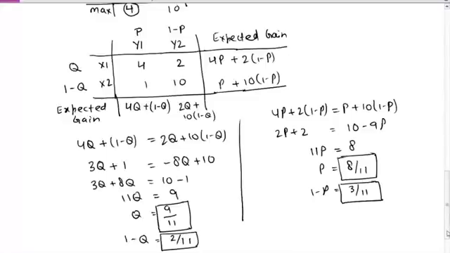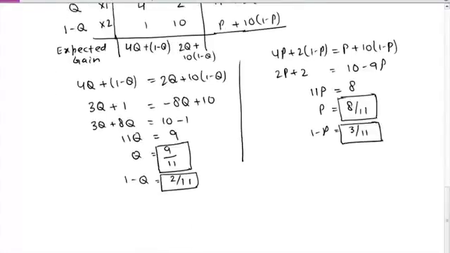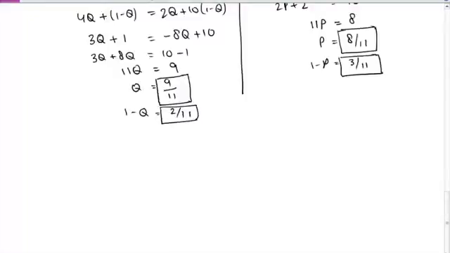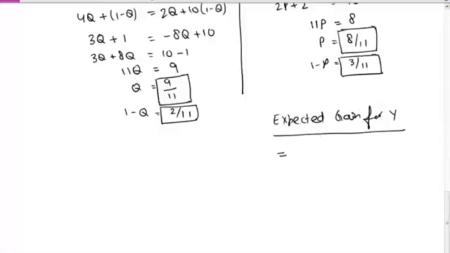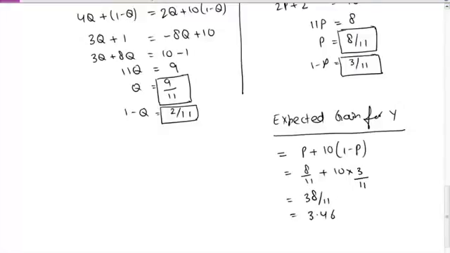Using this, if we want to calculate the expected gain for Y, you can actually use any one of the two. Let's say I'm using the second one, so p plus 10 times 1 minus p. If you input these values here, 8 over 11, and 10 times 3 over 11, because 1 minus p is 3 over 11, and simplify, you will get 38 over 11 or 3.46.